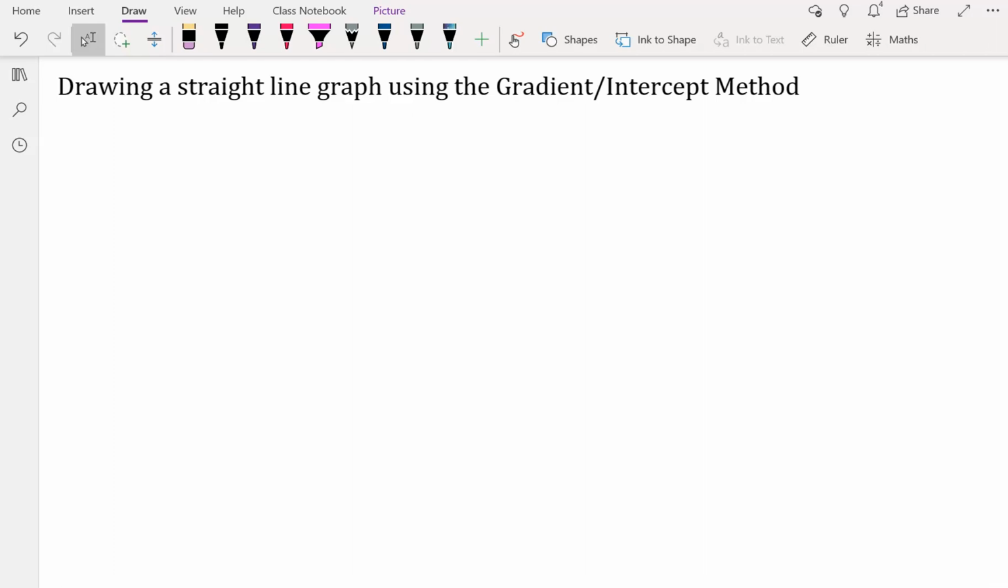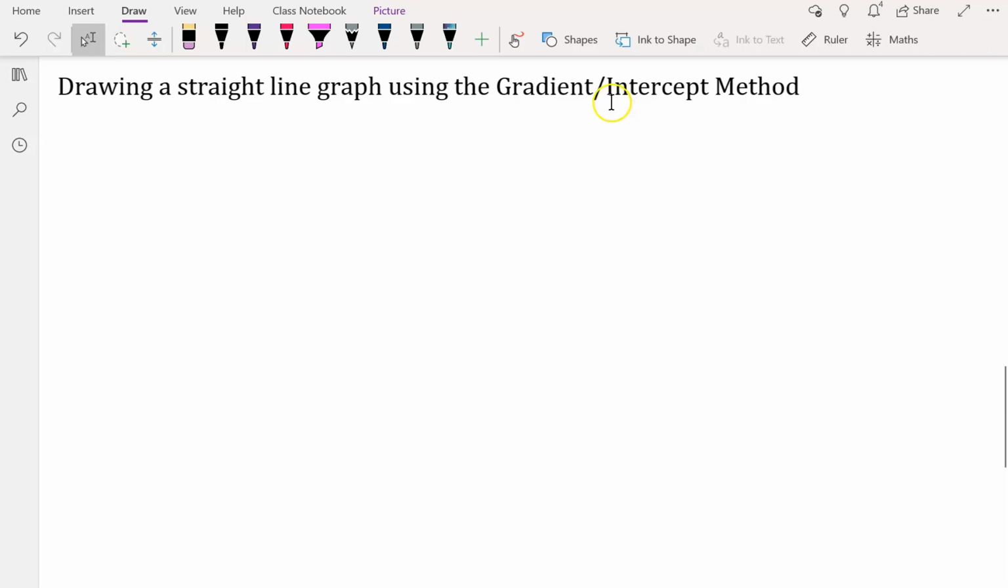Hi, in this video we're going to look at how we go about drawing a straight line graph using the gradient intercept method. Gradient intercept, two words that we've heard about before. Gradient referring to the slope of the line, intercept referring to where the line crosses one of the axes.